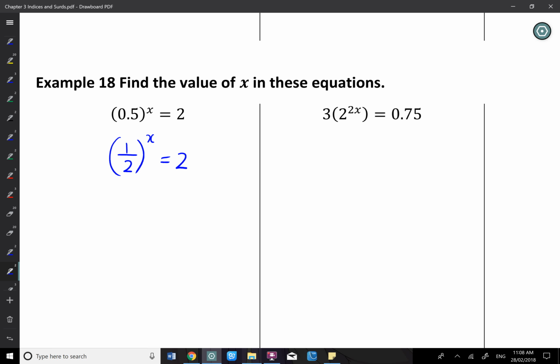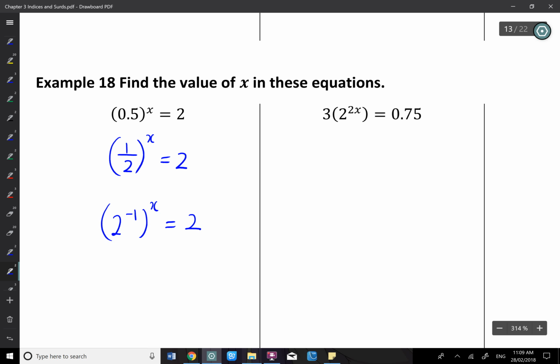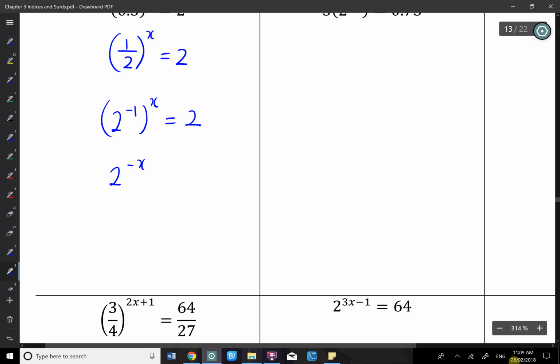To the power of negative 1? Yeah. So 2 to the power of negative 1 will become a half. So we have the same base of 2 now, but with a different power. The left-hand side is 2 to the power of negative x, and the right-hand side is 2 to the power of 1.